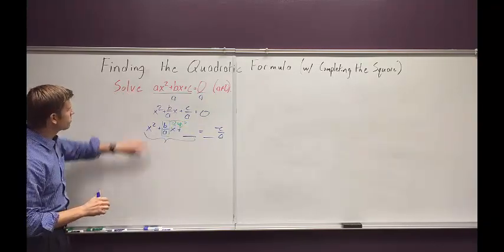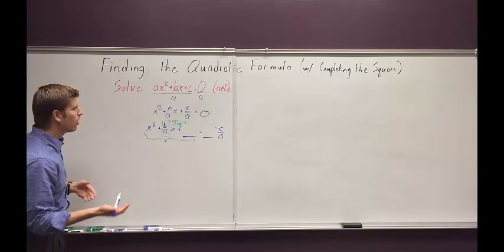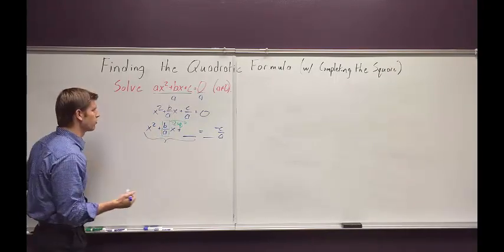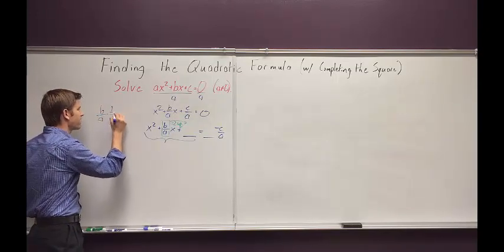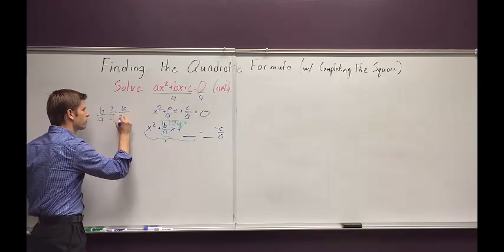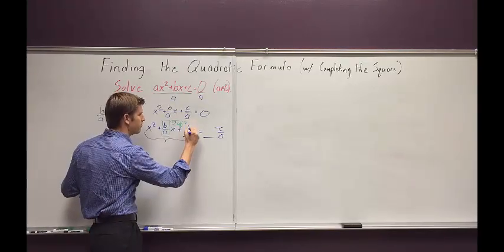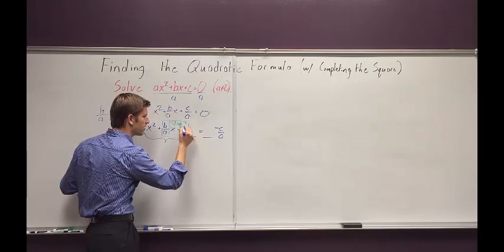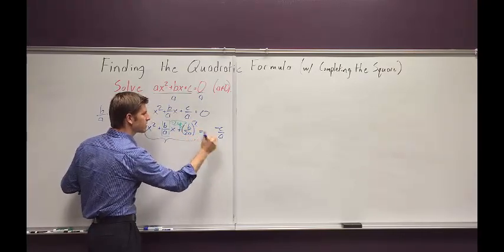How do you divide something like b over a by 2? Dividing by 2 is like multiplying by a half. So b over a times a half is b over 2a. So what I have here is b over 2a squared. I have to add that to both sides.